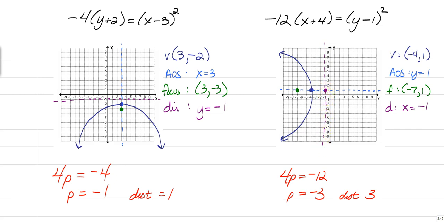Because if the formula is going to tell you that it's the h value minus p, negative 4 minus a negative 3 is going to give you plus 3, which is still going to give you negative 1. Okay? So again, I know it's a little bit different. It's a little challenging. We'll have plenty of time in class to do more examples. But those are the basics of a parabola.